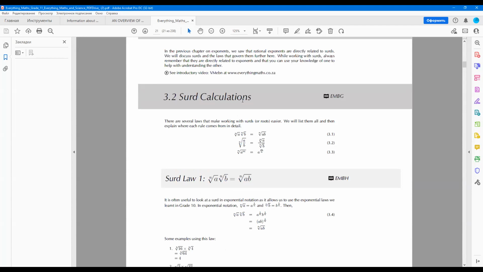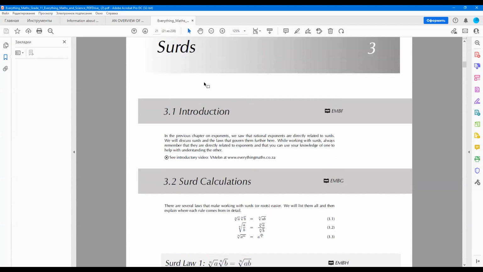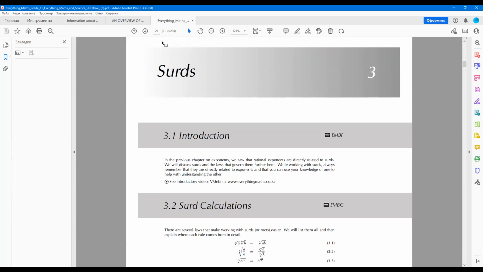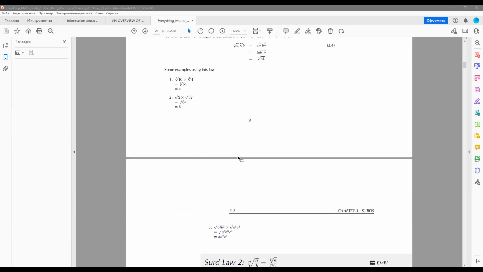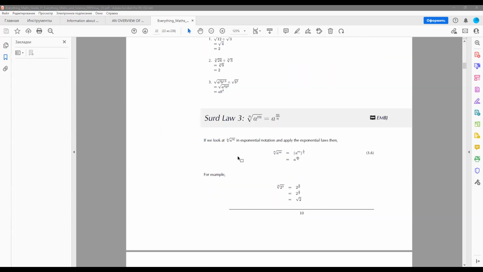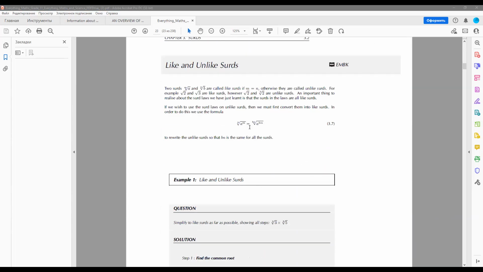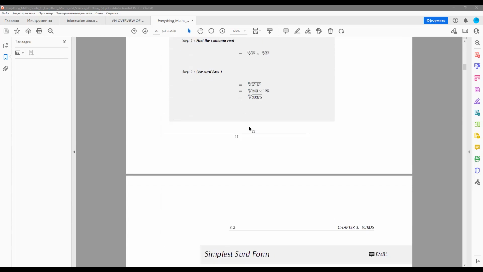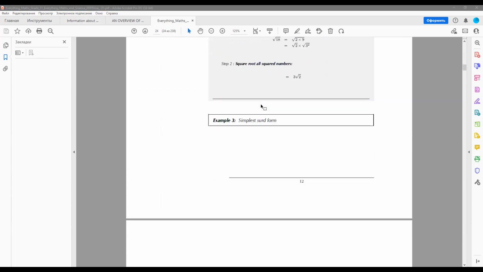Here you have to read the Surds topic, and the explanations provided. For example, the third law. You have to read all of them. I have already sent it to you. This book is called Everything Maths Grade 11.